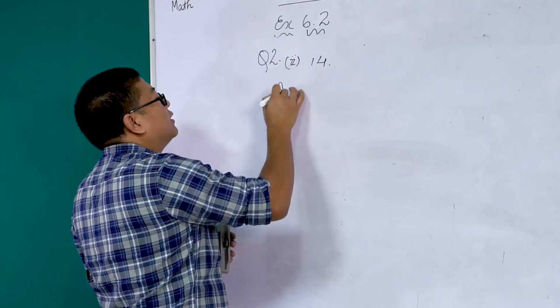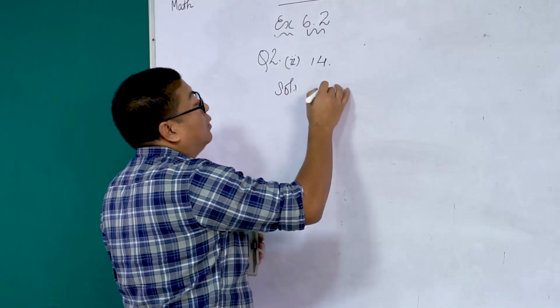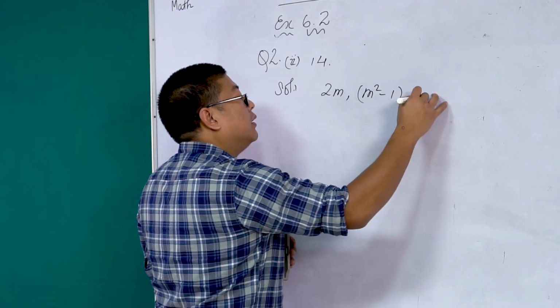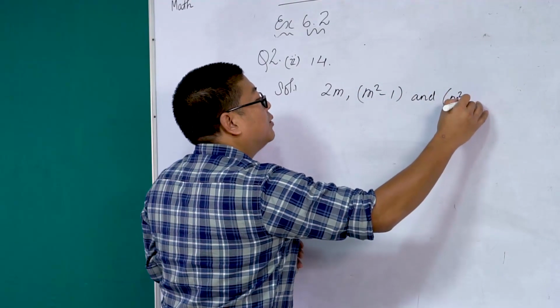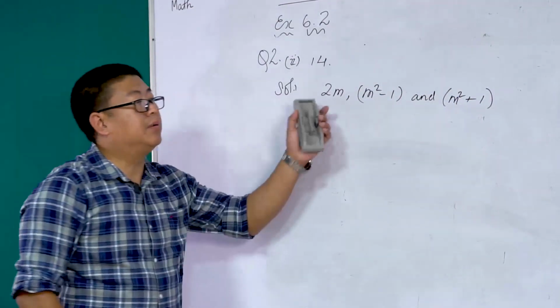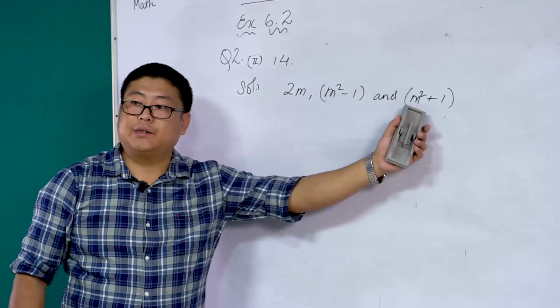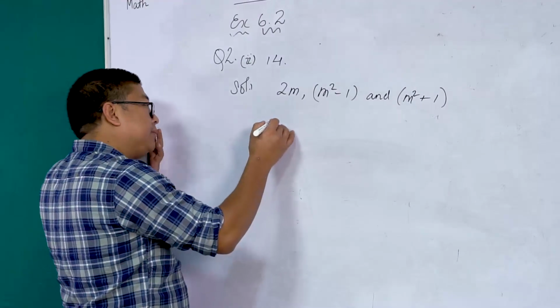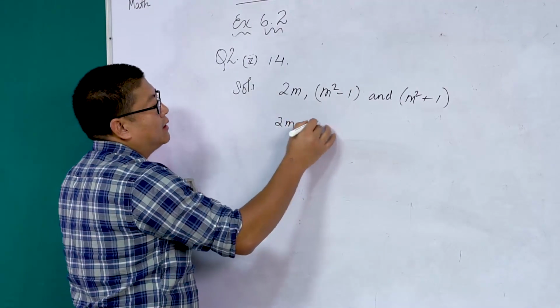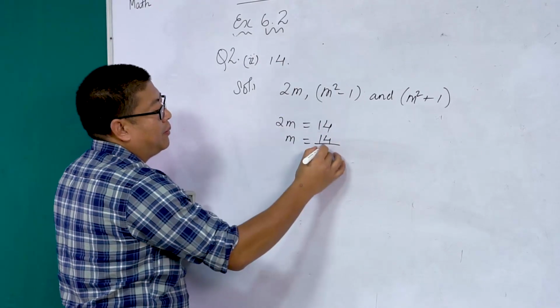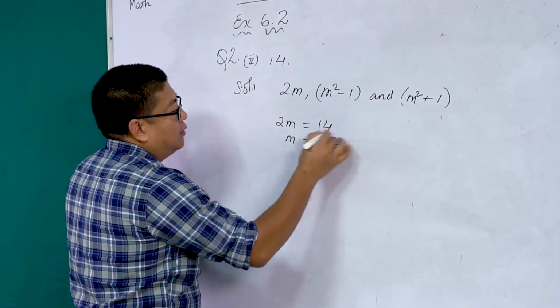To solve this, we have to know 2m, m square minus 1, and m square plus 1. We have to have this in our memory, in our knowledge. Now to begin with, we have 2m as 14. So m is equal to 14, multiply will become divide, 2 into 7.